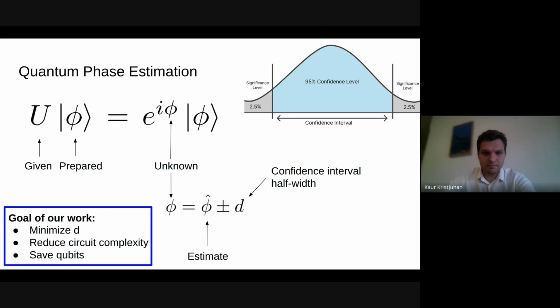And lastly, we're interested in saving qubits. This is especially relevant for early fault-tolerant quantum computers, where you might not have very many qubits available. So you would like to use techniques where you can use as few qubits as possible, but still have the advantages of an accurate answer.